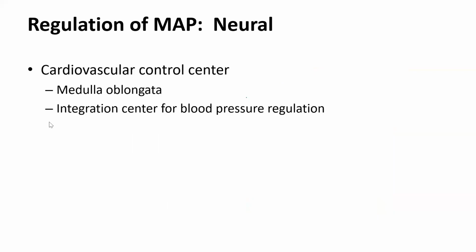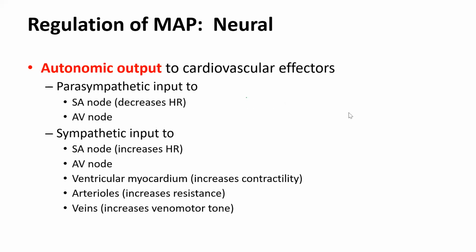Okay, so it's basically the integrating center where those signals are sent from baroreceptors and pretty much analyzed, and then the relative changes are determined by these cardiovascular centers. And then the output signals are sent by the autonomic nervous system to our cardiovascular effector organs. So again, this is going to be the blood vessels and the heart itself.